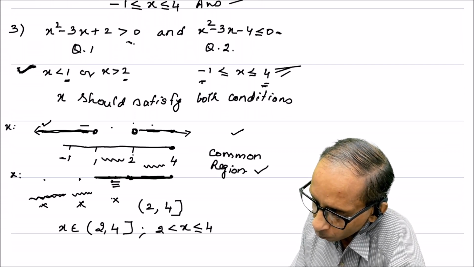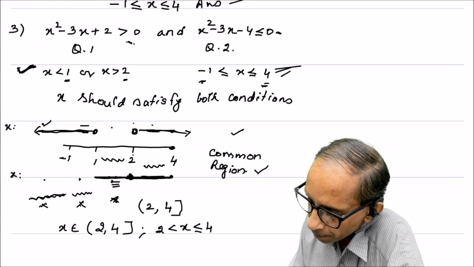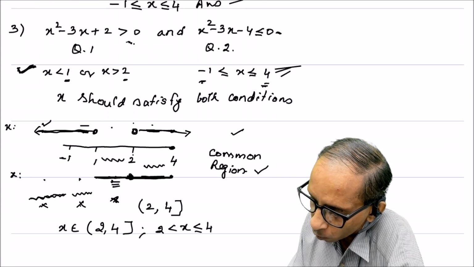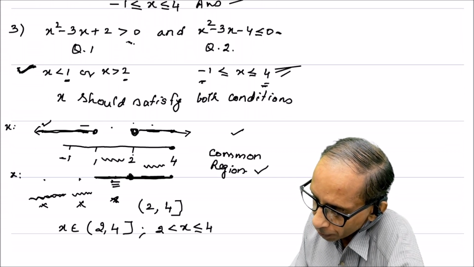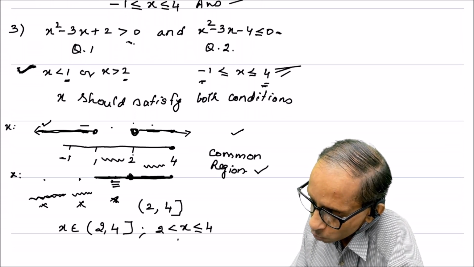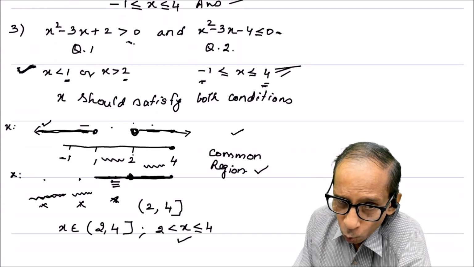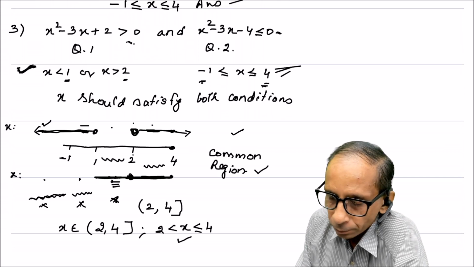The same thing applied for this region 1 to 2. And when we came to 2 to 4, 2 was available below, but 2 was not available on the top. So we rejected it. And the remaining region ahead of 2 we accepted up till 4. And so we got the solution as 2 to 4, open at 2 and closed at 4.